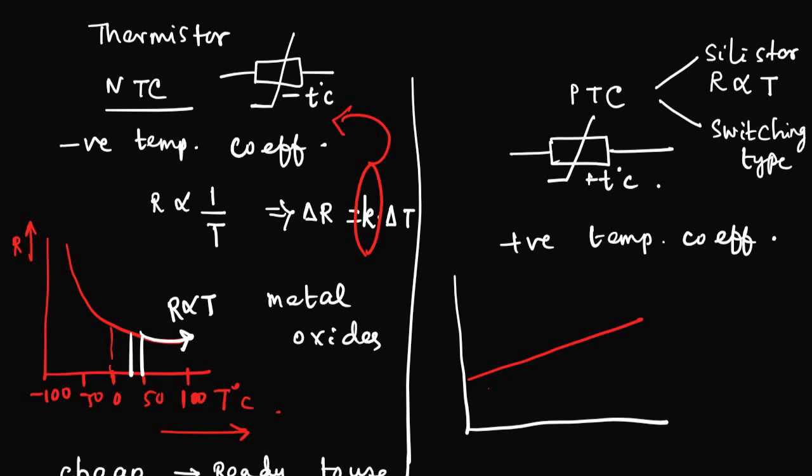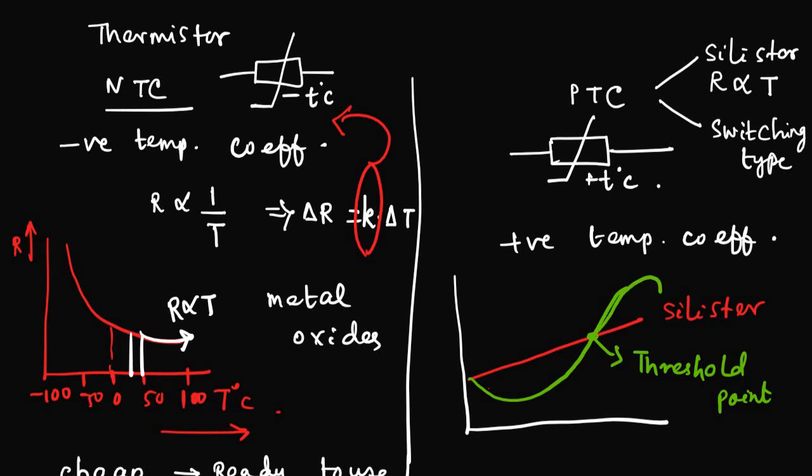The red one is for the resistor made up of silicon, and another one is drawn like this. It will drop drastically, and then this is the threshold point, the critical temperature for that particular material from which the switching type thermistor is made. After that it will perform like a linear one.